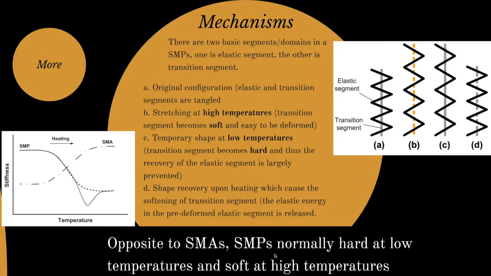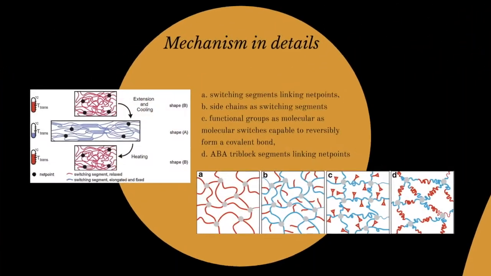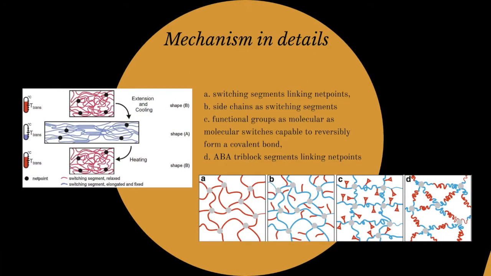So shape memory polymers, normally they are hard at low temperatures and soft at high temperatures. It's opposite from the shape memory alloy. And then in details, okay, if you see this graph here, the red one is the switching segment, okay, meaning the transition.